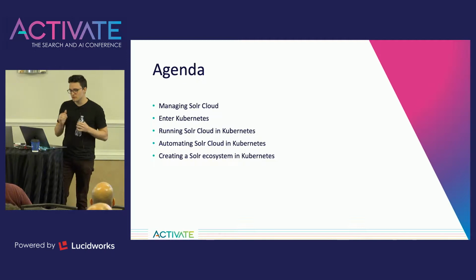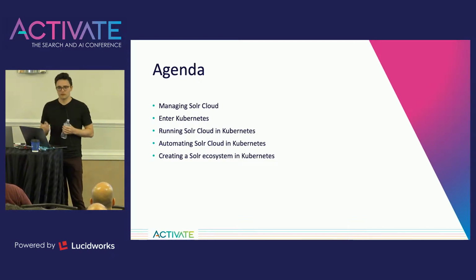And so the ultimate goal of this talk is automating Solr Cloud and using Kubernetes to do this. First, I'll start off by talking about how Solr Clouds are managed and the different tools available within Solr to do this management, both implicitly and explicitly.